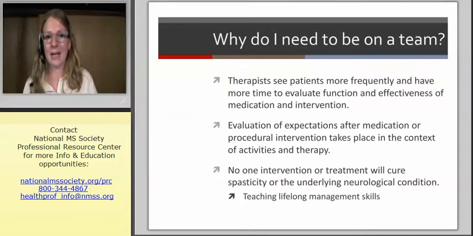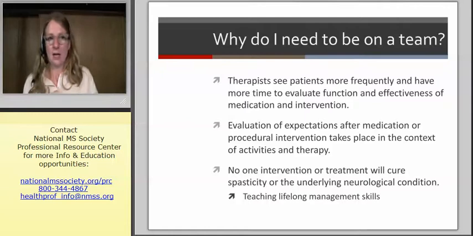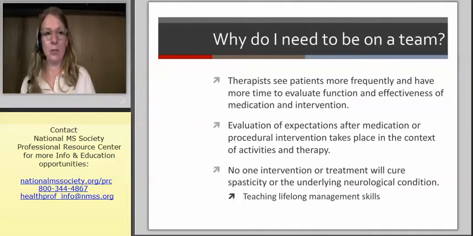Also, no one intervention or treatment is going to cure spasticity. It's not going to cure the underlying neurological condition. These are lifelong problems these patients deal with. So we do baclofen pump trials here. We do Botox injections, and I try to be very, very clear with patients. We are not curing their MS. We are helping manage one symptom of their disease.